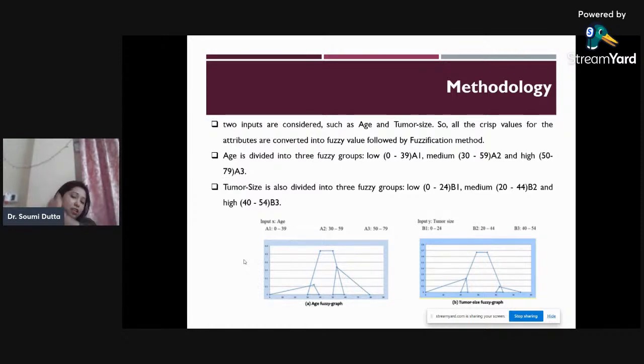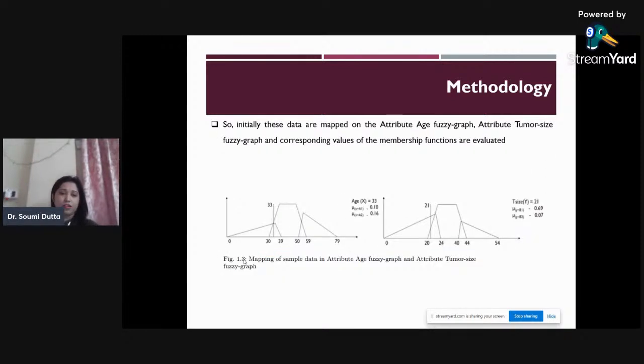The same thing in the case of tumor size also: I have displayed a particular tumor size and how it can look, as shown here. For other inputs, whichever features you want to consider, you can choose those and apply this.